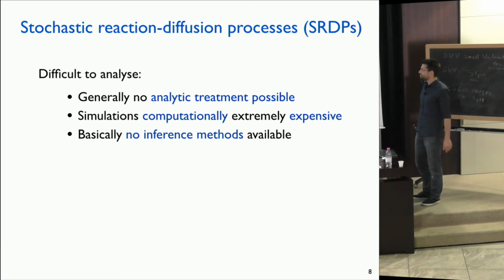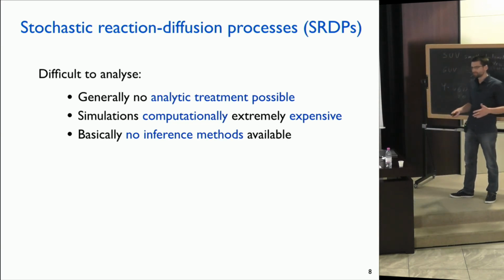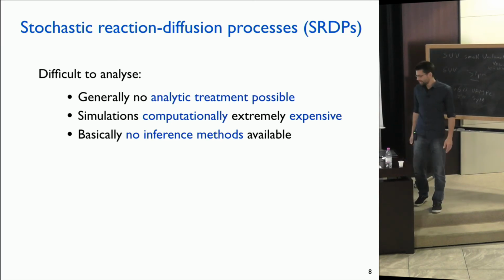And in particular for the problem of inference from experimental data. So suppose we have measurements of a spatial system and we don't know the underlying system and want to learn a model that describes the data, there are basically no inference methods available.